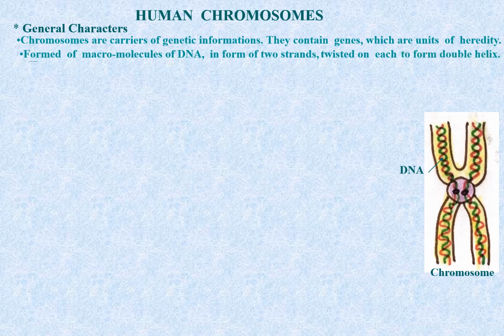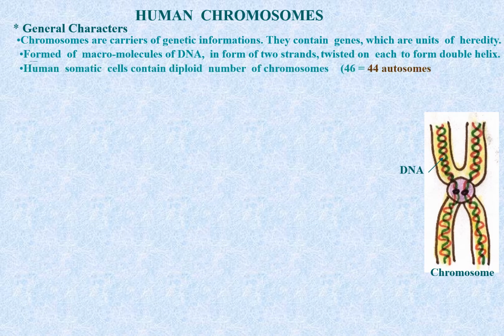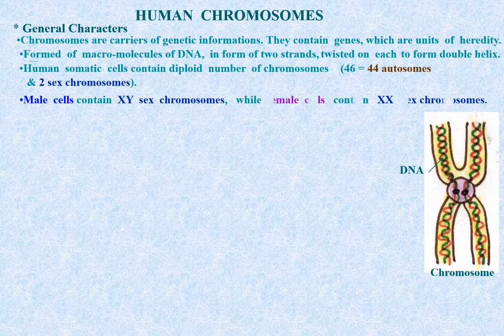Human somatic cells contain the diploid number of chromosomes, that is 46 chromosomes, of which 44 are autosomes and 2 sex chromosomes. Male cells contain XY sex chromosomes, while female cells contain XX sex chromosomes.